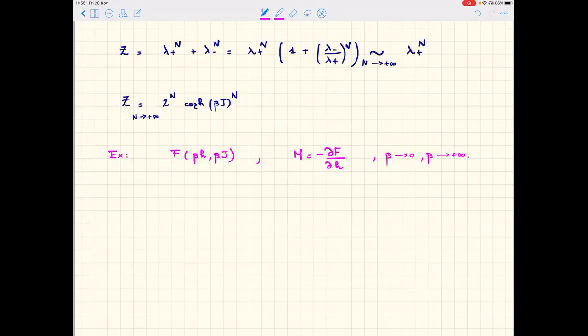I mean, all the usual things we have done up to now. Okay? Now, the transfer matrix is a very general method.